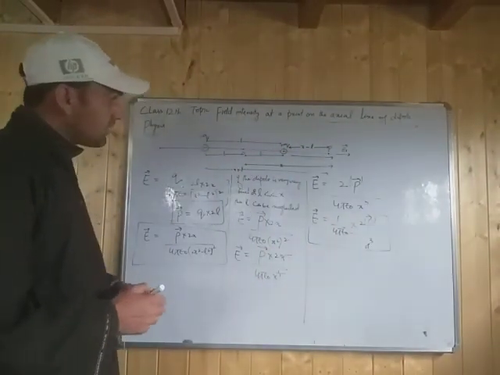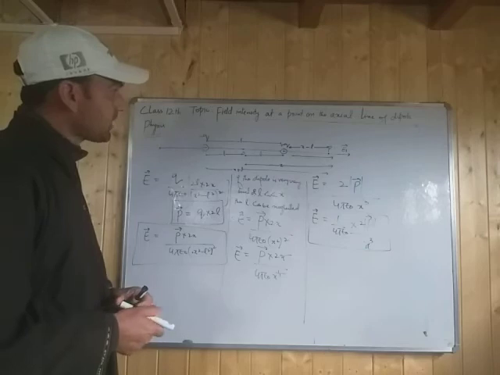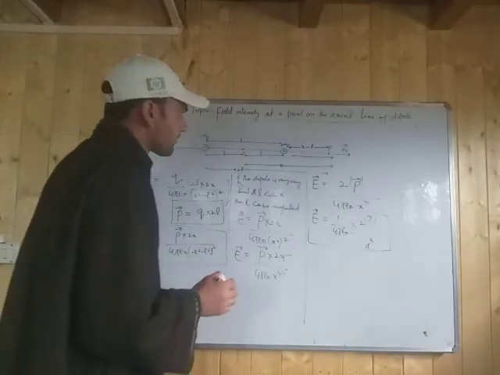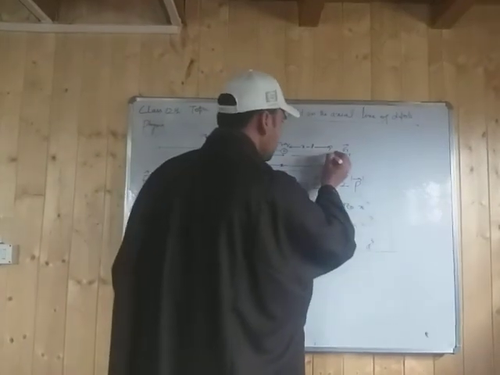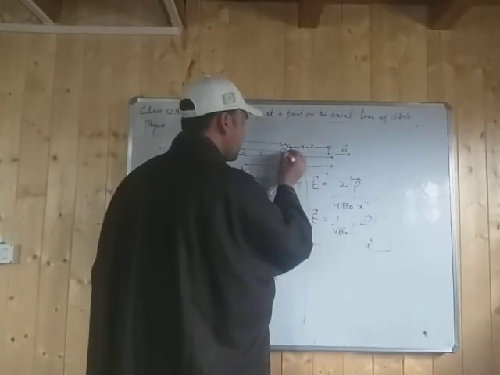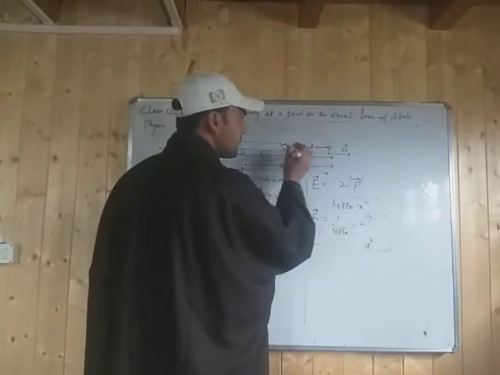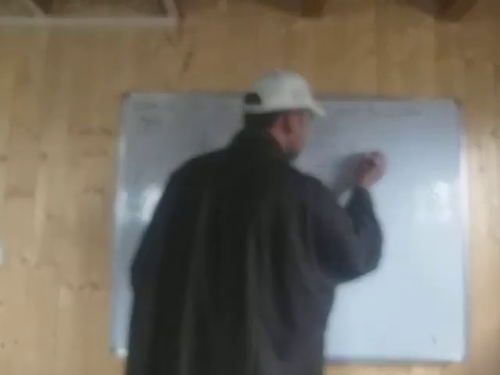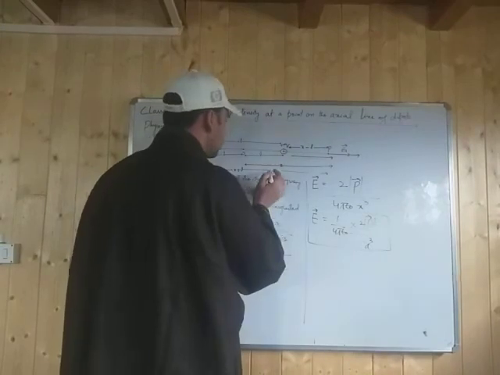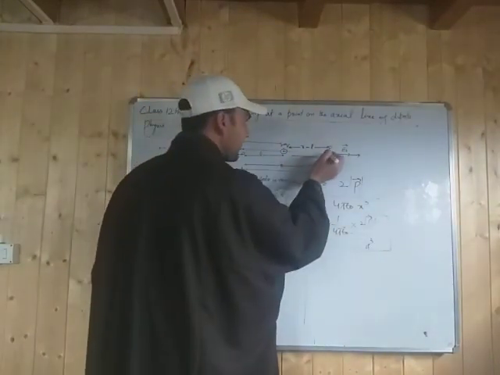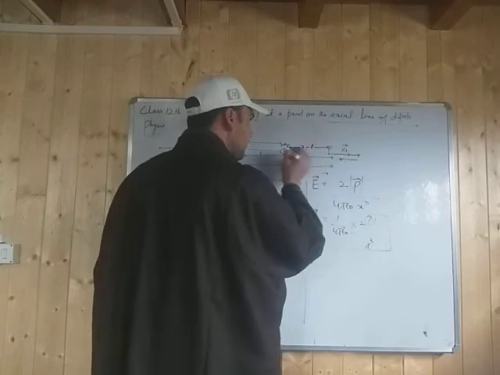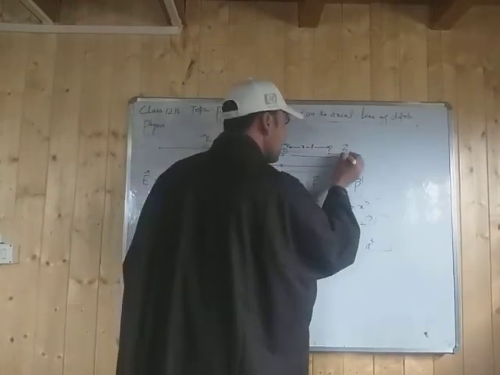Now let us see what will be the direction of the electric field. The electric field created by the positive charge is towards this, as well as the electric field created by the negative charge is towards this. But the total electric field will be along this.